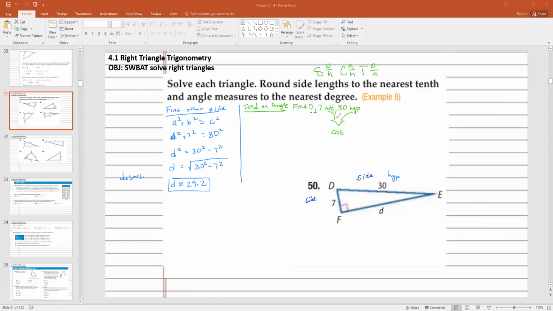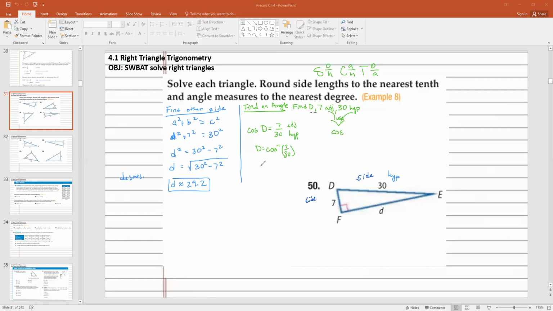Let's use our cosine. We have cosine of D equals adjacent over hypotenuse, so 7 over 30. And now we want to solve for D, so we want to get rid of that cosine. The inverse of cosine is inverse cosine.